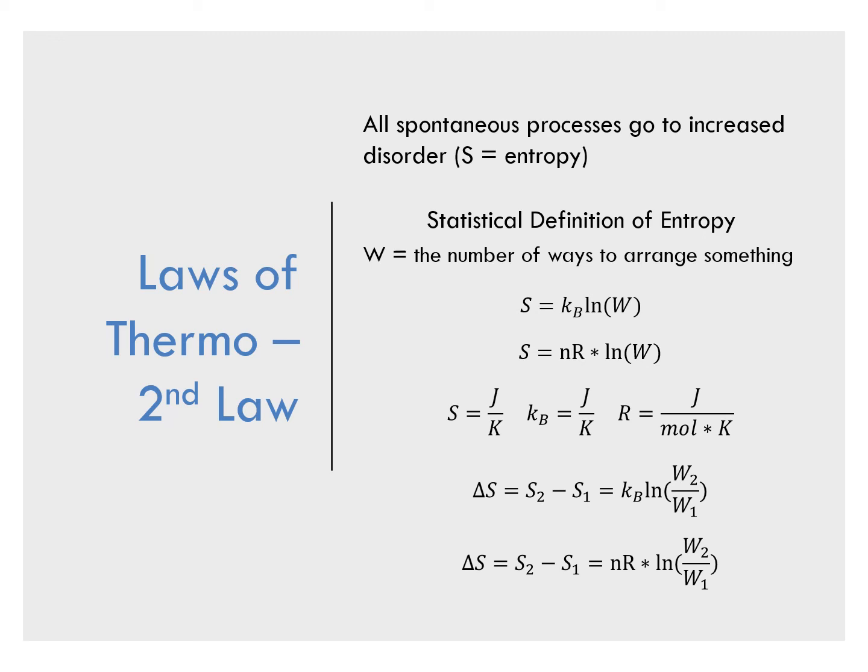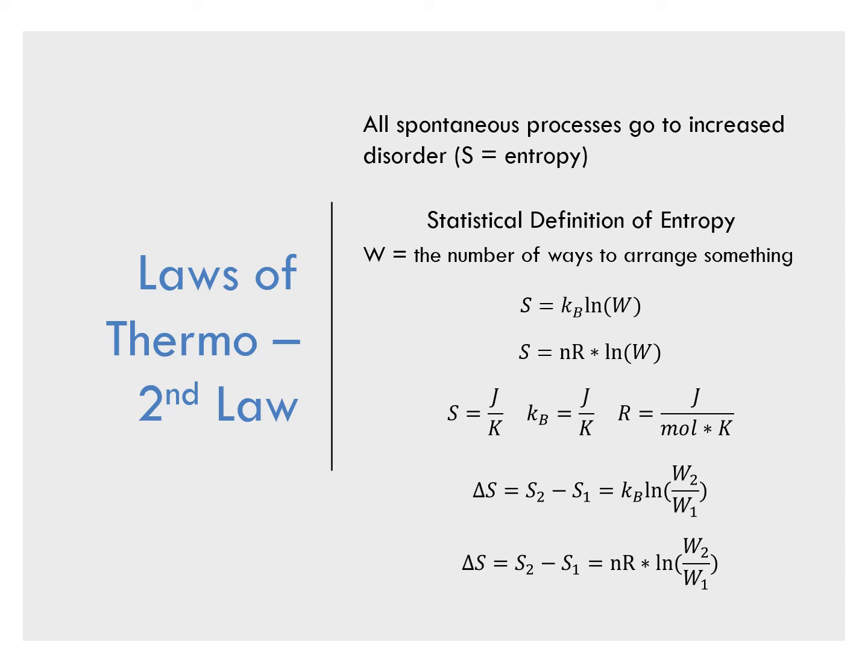The Boltzmann constant has units of joules per Kelvin, and for R, we're going to be using the joules per kmol version of R in this instance. When we're looking at delta S of a system, you always do S2 minus S1, which is also equal to the Boltzmann constant times the natural log of W2 over W1.